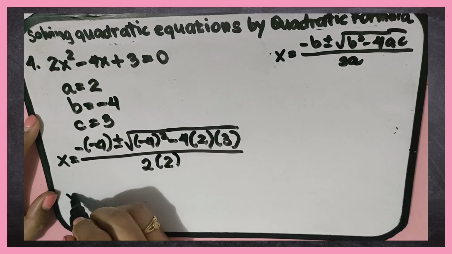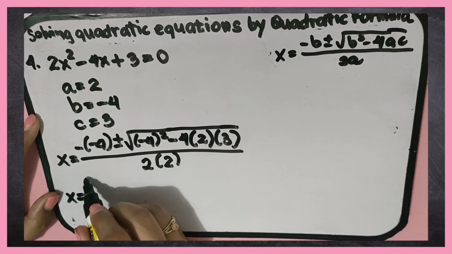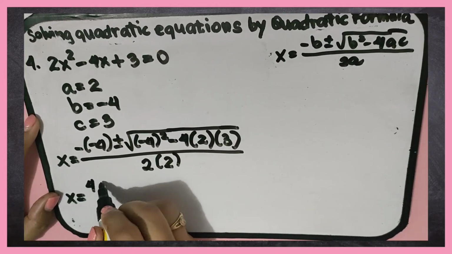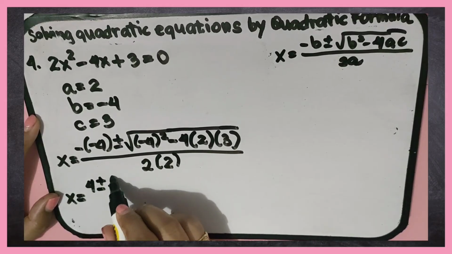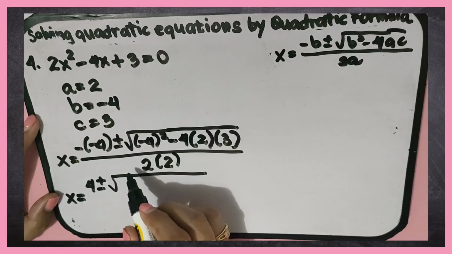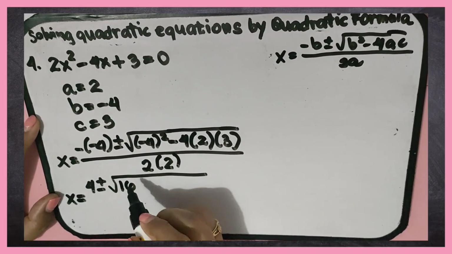Then we have x equals, let us simplify the result. We have negative times negative 4, so we have positive 4. Rewrite positive and negative sign. Then, simplify the expression inside the radical sign. So, negative 4 squared, that is 16.